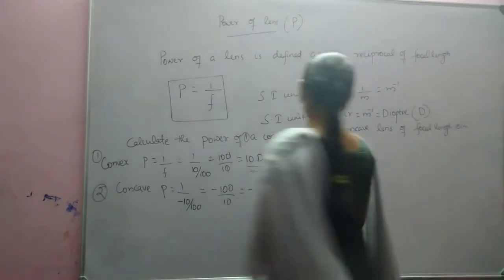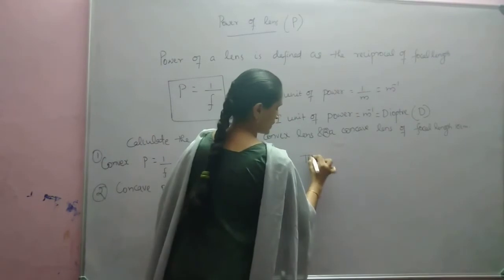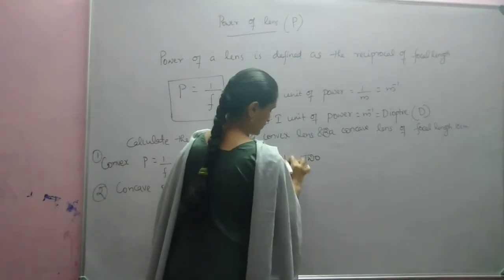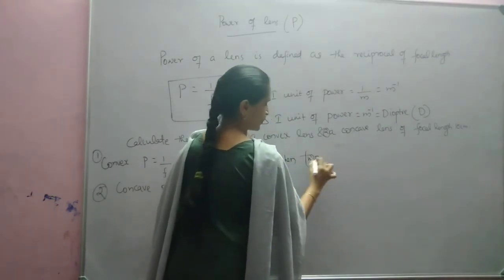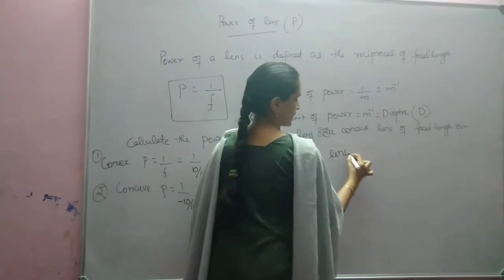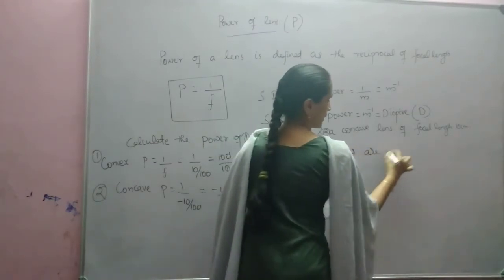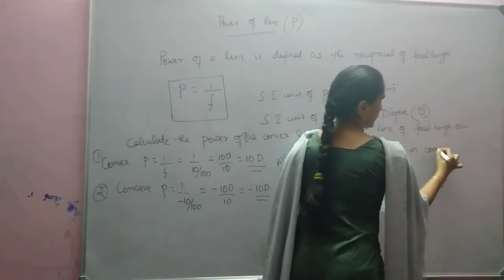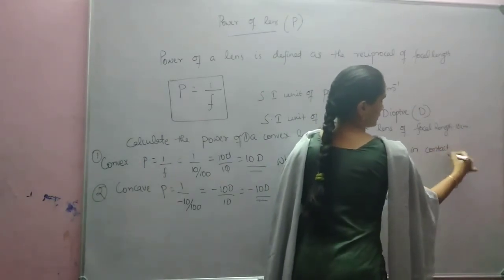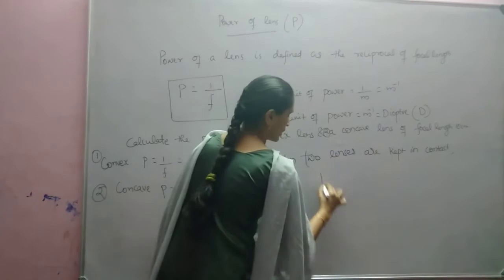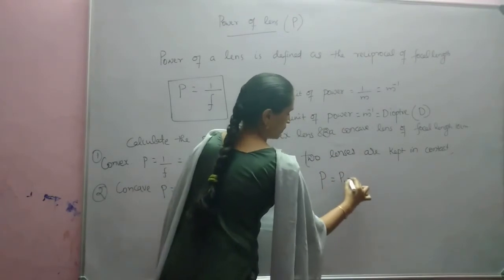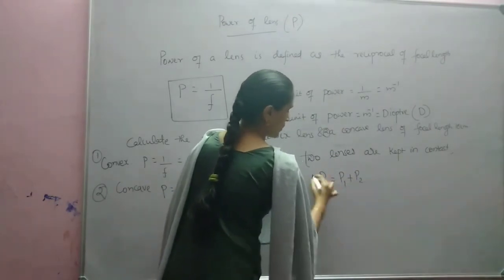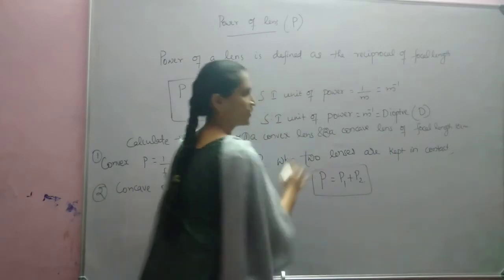And in the case of lenses, when two lenses are kept in contact, total power is given by P1 plus P2. This is the sum of the powers due to the individual lenses. Two lenses kept in contact, total power is given by the sum of the powers due to individual lenses.